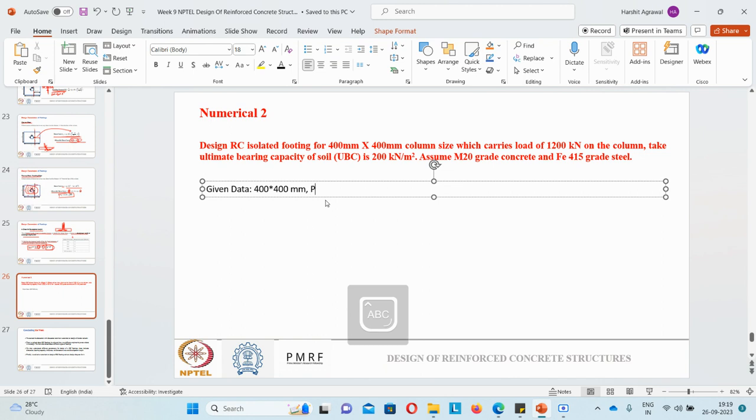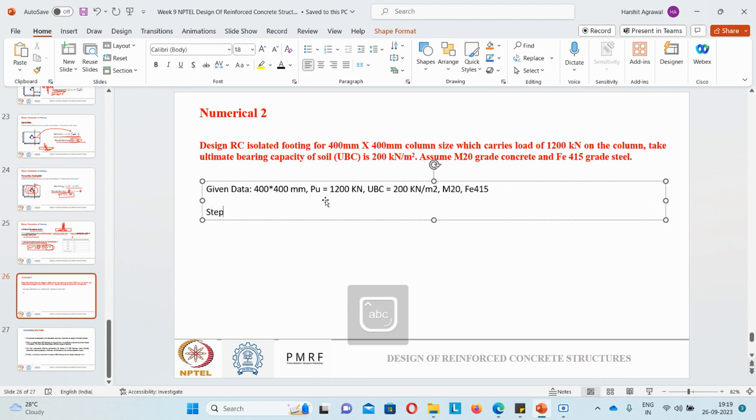It carries a load, so PU is given to us as 1200 kilonewton. Ultimate bearing capacity of soil is given. So remember, it is ultimate bearing capacity, not safe bearing capacity. Okay, so it is given to us as 200 kilonewton per meter square. M20 grade concrete we need to use, and Fe415 grade steel we need to use.